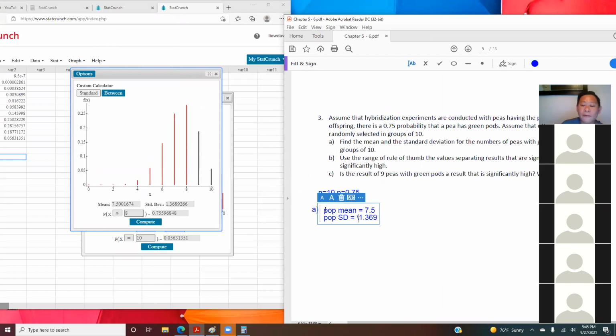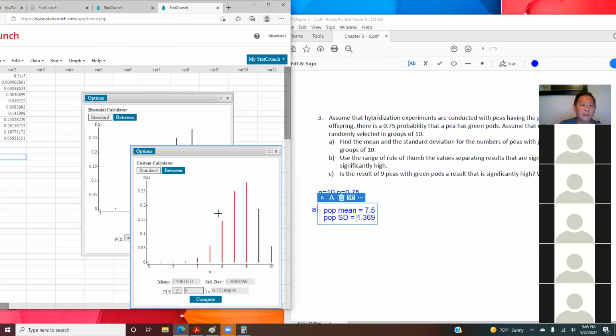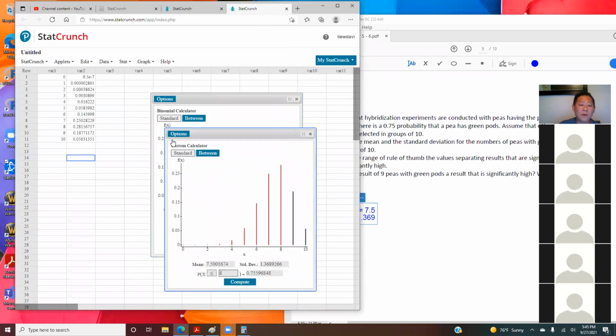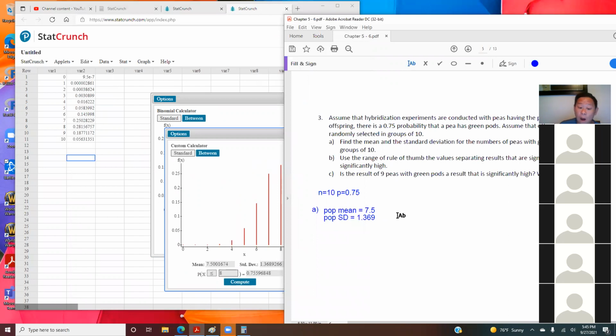Okay, so this is a very long way to do it, right? You have to type in every single one of these using the binomial calculator from 0 to 10, a lot of work. And then after that, you go to the custom one and do your x and px, but you learned 5.1. It's correct, it's not wrong, but there is a shortcut.